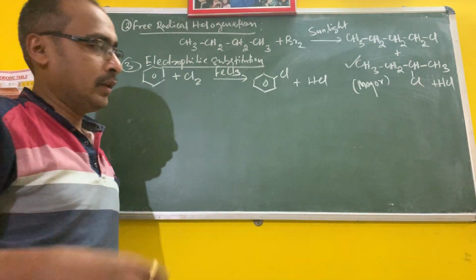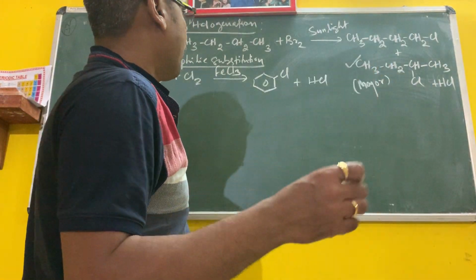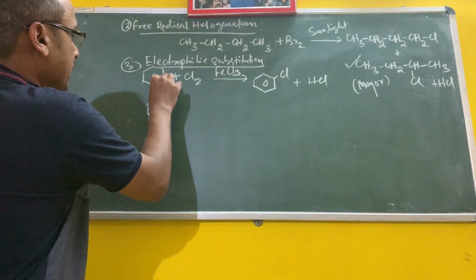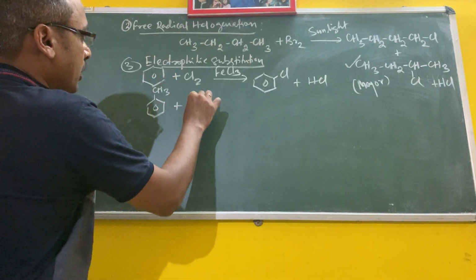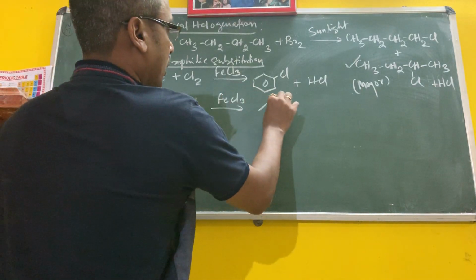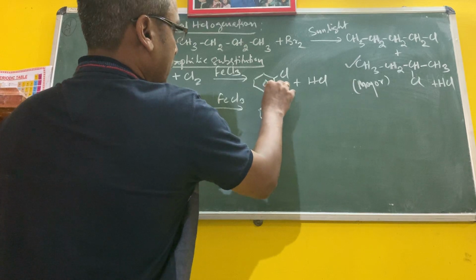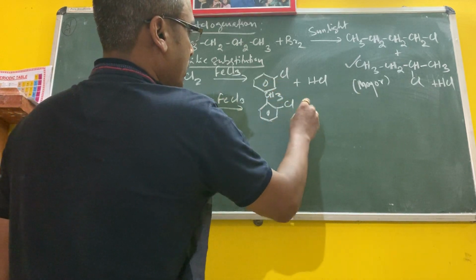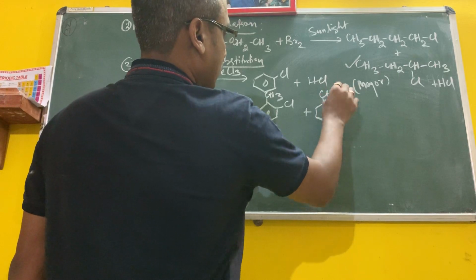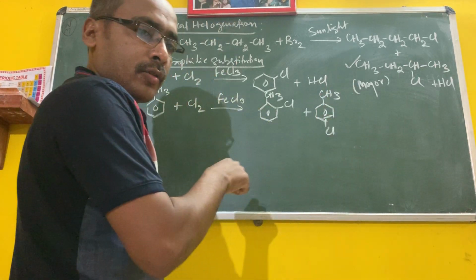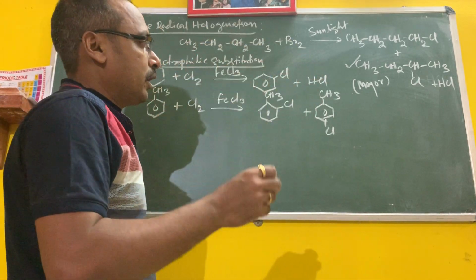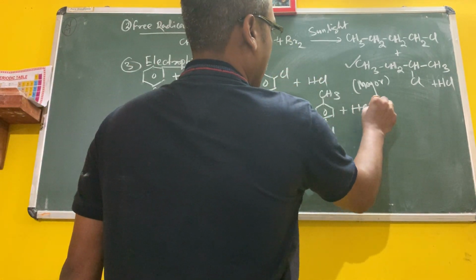You can take another example. Suppose this is toluene, CH3, plus Cl2, again with FeCl3, to form CH3 with Cl at the ortho position, plus Cl at the para position. You have also read this in the last part of hydrocarbons, aromatic hydrocarbons, plus HCl.